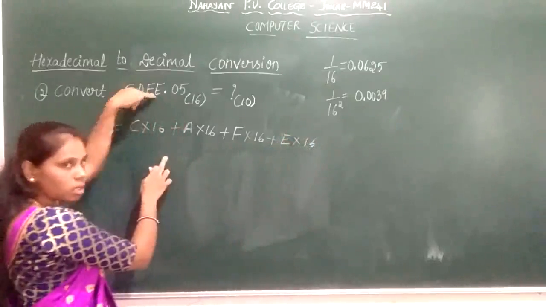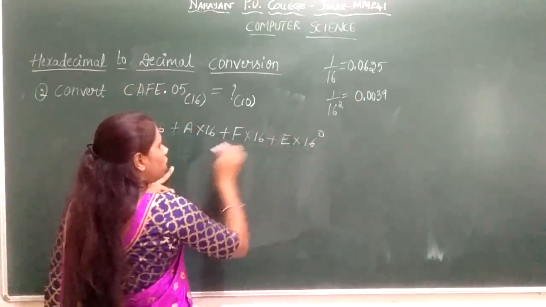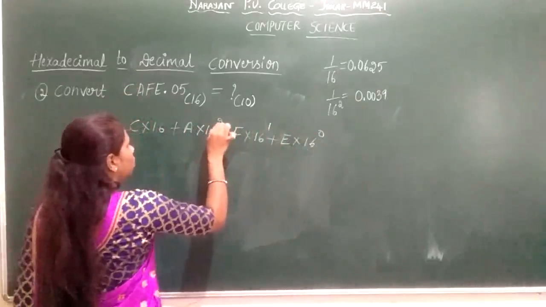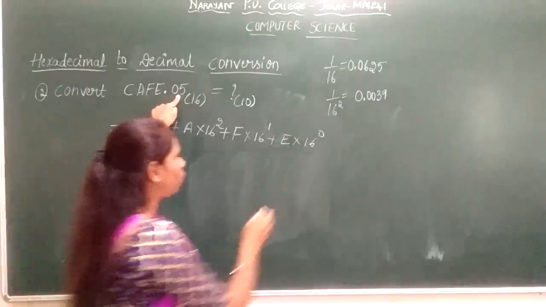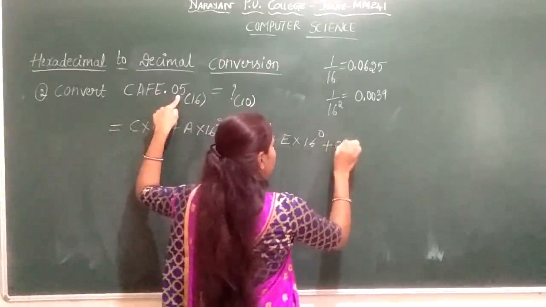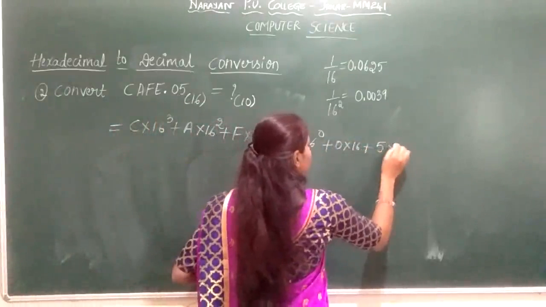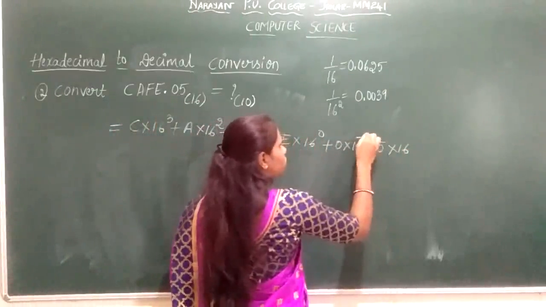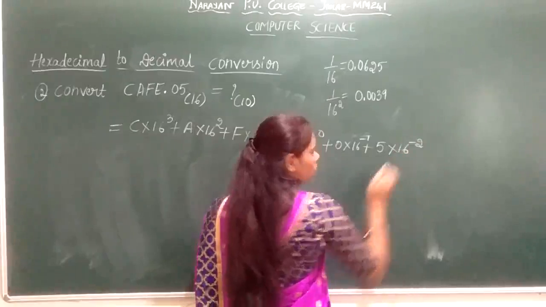Now this is your integer part, right? So you should start positioning the values from right to left: 0, 1, 2, 3. After this decimal point you have 0 and 5. You should write 0 into 16 plus 5 into 16 and the positioning starts from -1, -2.